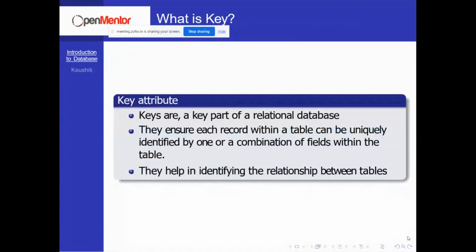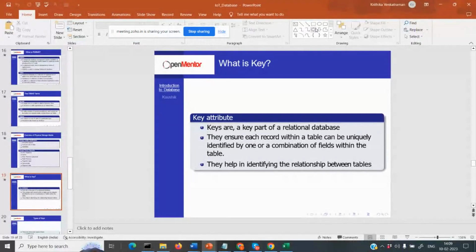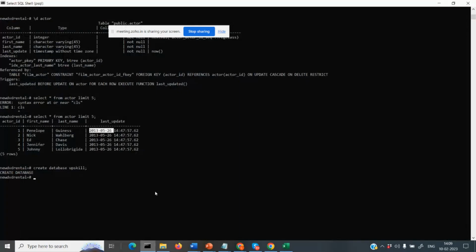We will discuss the database keys in tomorrow's class. In today's class, we have seen what a database is, what interestingness is, and what information is, and the difference between information and interestingness. Then we understood what a database actually is. Then we saw some commands to list the tables, connect to a database, and see the relations. We understood that in a relational database management system, each table is a relation.